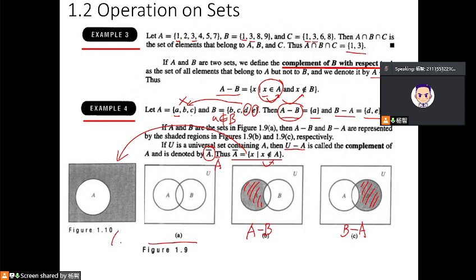This is the complement of A. The shaded part is all the elements that do not belong to A, so it is also equal to U minus A. It means these elements belong to the universal set but do not belong to A.